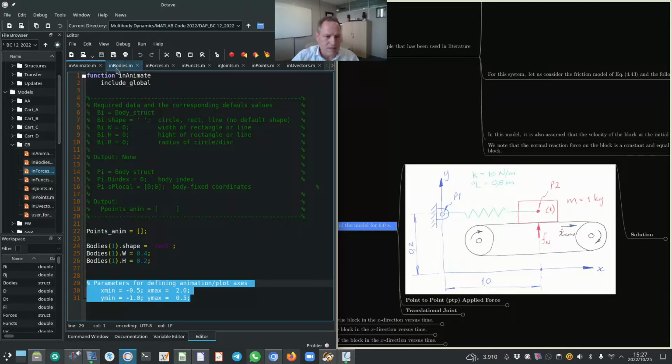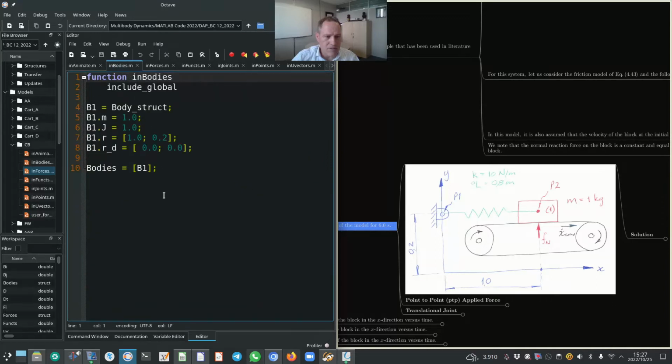That's in Animate. Let's look at inbodies. Our mechanism only has one moving body, which is this block, and that's body 1. We already said that the mass is 1 kilogram. We did not specify this earlier, but the moment of inertia for this body is also defined as 1 kilogram meter squared.